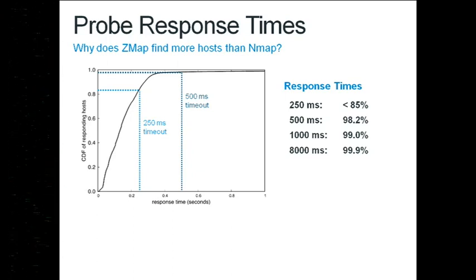ZMap, because we're using this asynchronous design where we don't have any per-connection timeout, will just accept the response when it comes back eventually, if it comes back before the entire scan run terminates. That allows us to see these very long delayed responses. This is why we're able to get even higher coverage, even though we're using what's probably a much more aggressive means of doing an internet-wide scan.